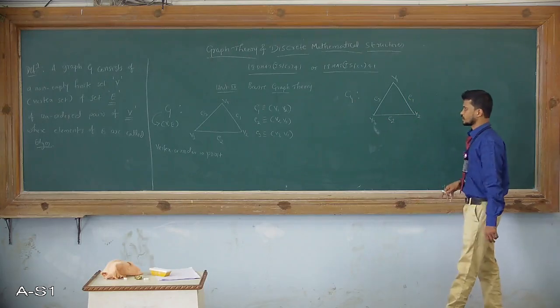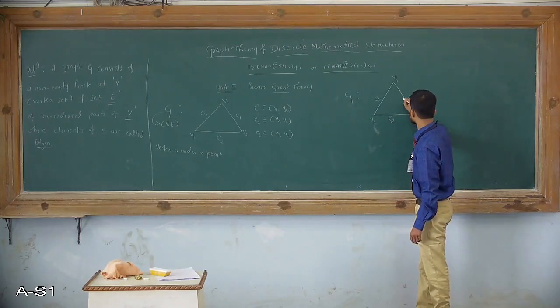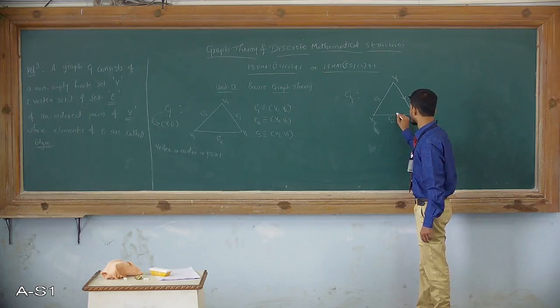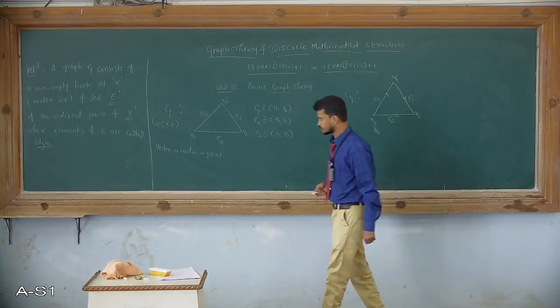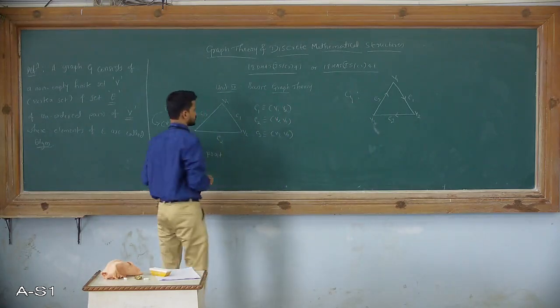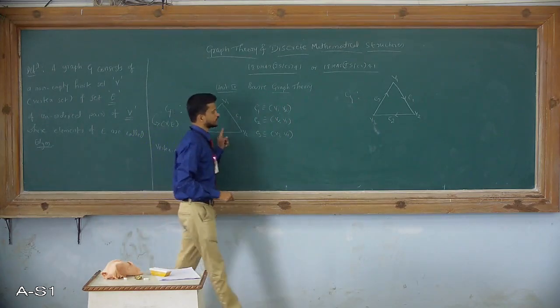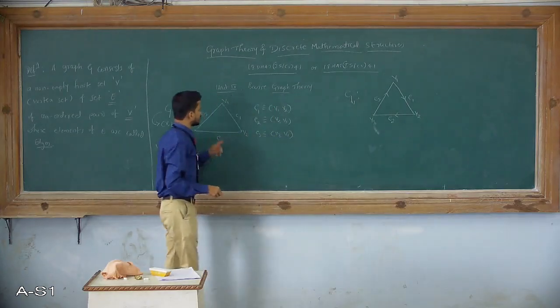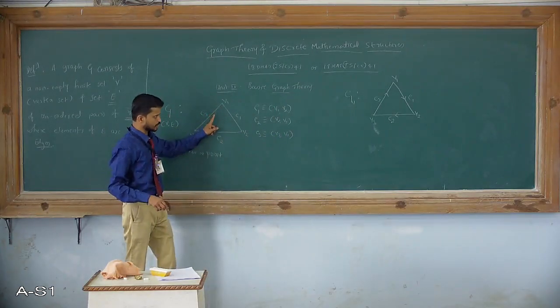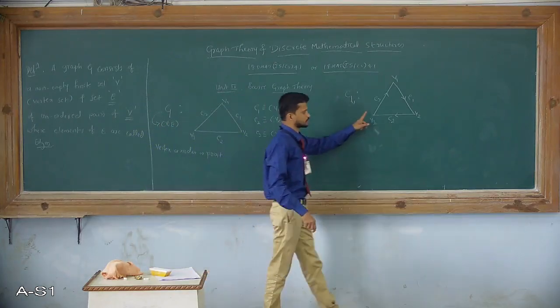Even though the graph is similar, there is a change: I am using an arrow mark on the lines. If you observe the difference between graph G and graph G1, there is no direction in G, and there is a direction in G1.